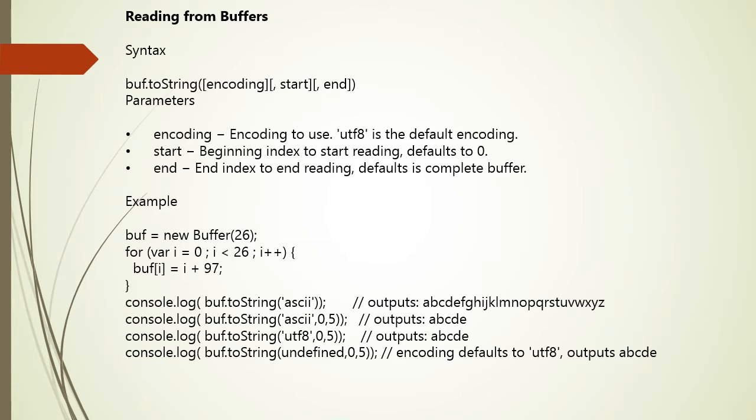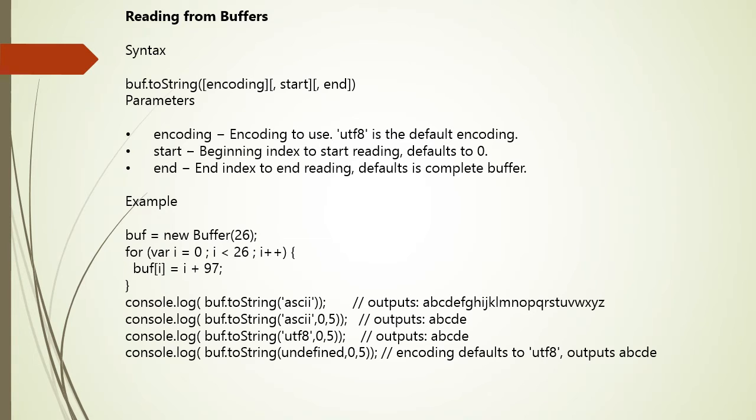For example, buffer = new Buffer(26); for (var i = 0; i < 26; i++) { buffer[i] = i + 97; }. If you say console.log(buffer.toString('ascii')), it will output a b c d up to z. If you say console.log(buffer.toString('ascii', 0, 5)), it will output the first 5 characters, that is a, b, c, d, e.